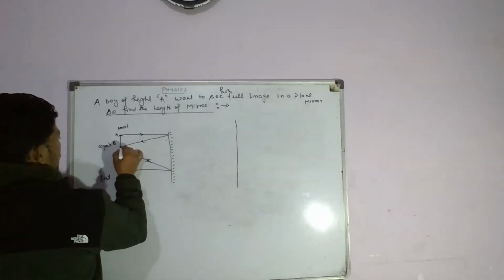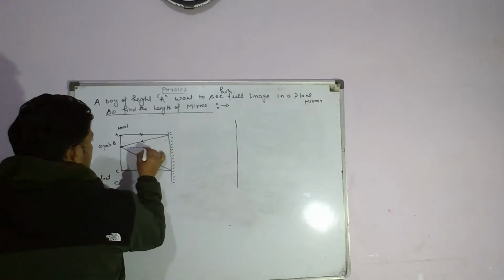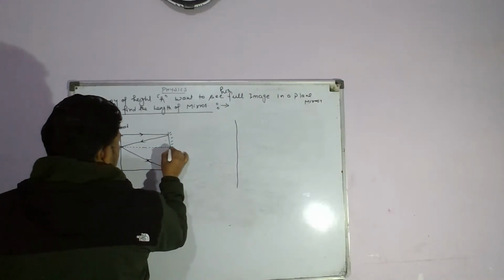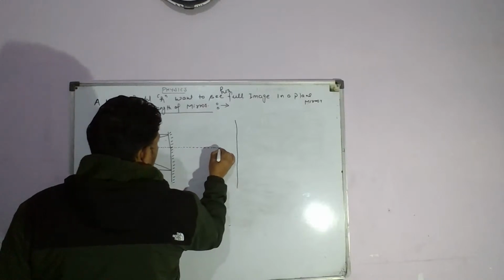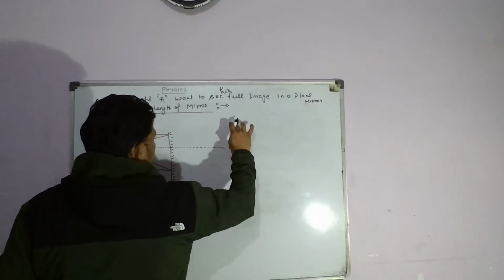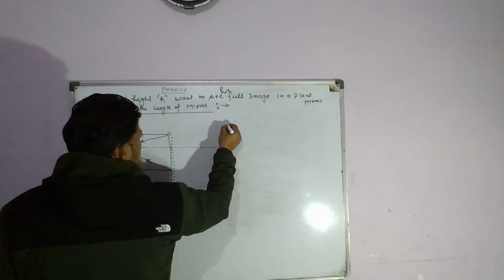You know that the object distance and the image distance are equal.